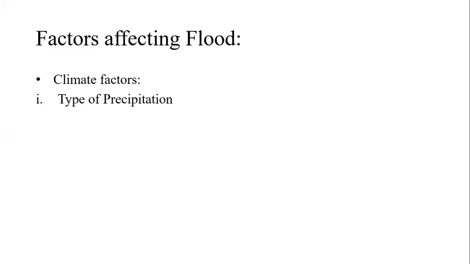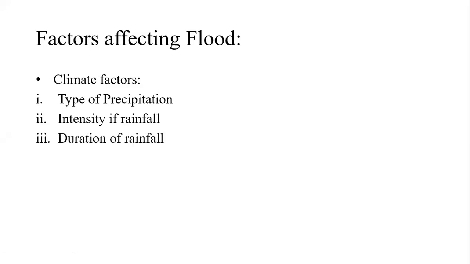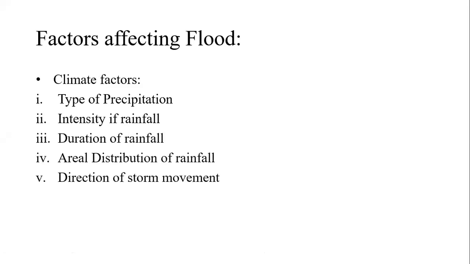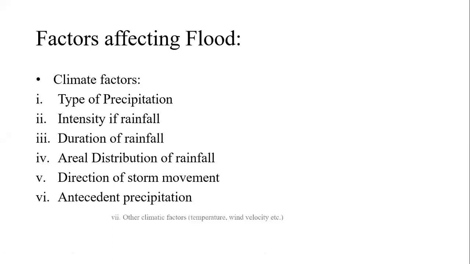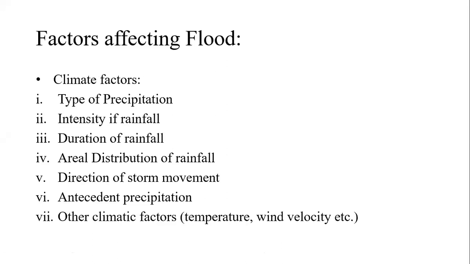They are type of precipitation, intensity of rainfall, duration of rainfall, areal distribution of rainfall, direction of storm movement, and then antecedent precipitation and other climatic factors such as temperature, wind velocity, and other things. Okay, those parameters we have already discussed. We will brush up on them and then go to the next one.